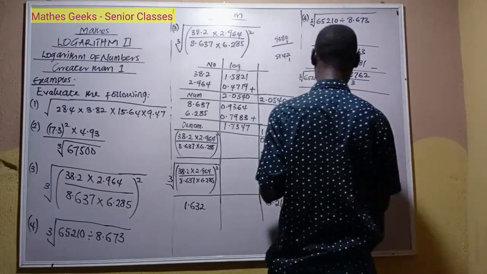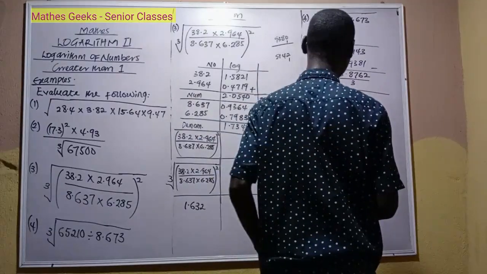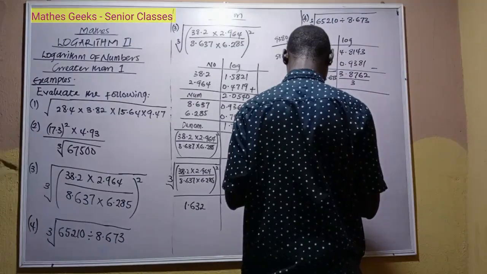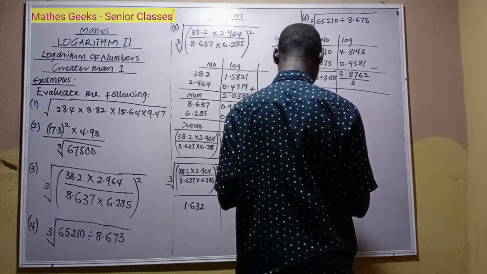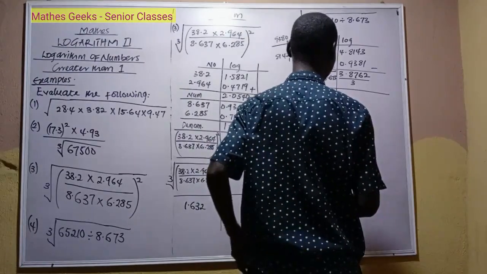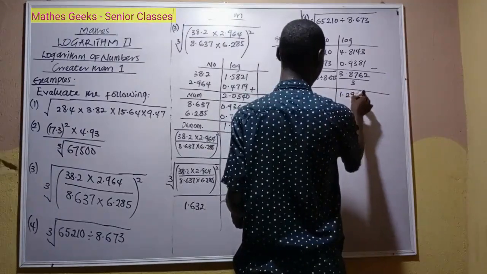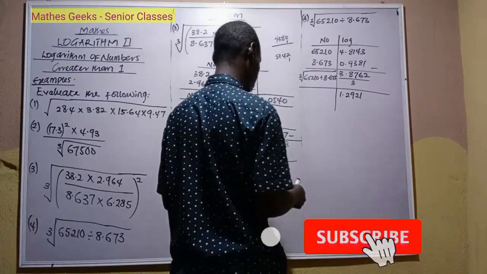Okay, let's do 3.8762 divided by 3. 1.2921. So the antilog of 1.2921.